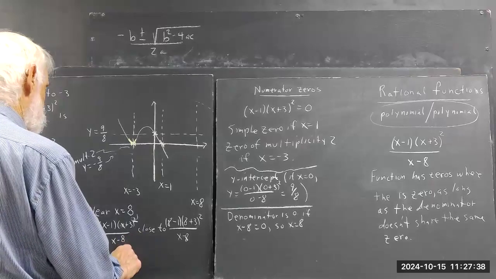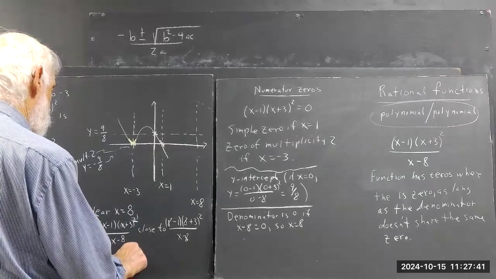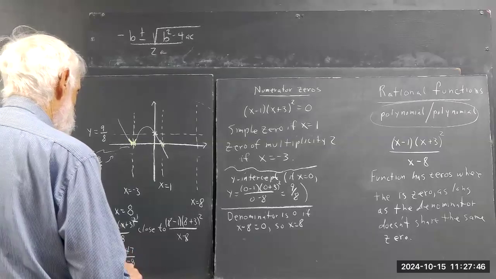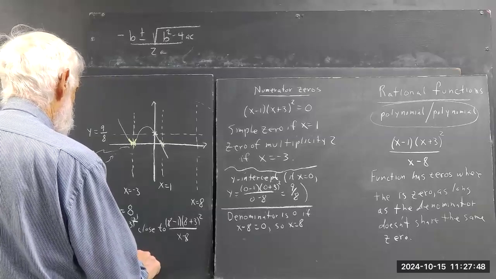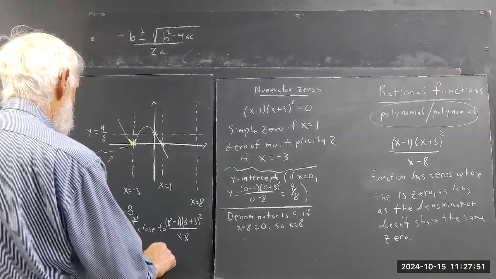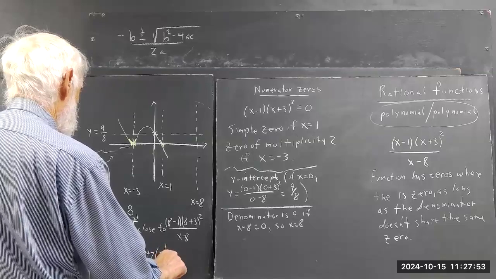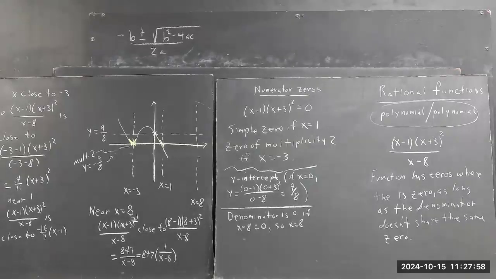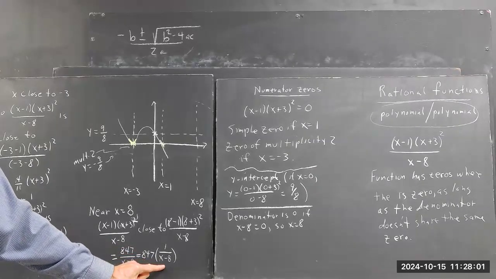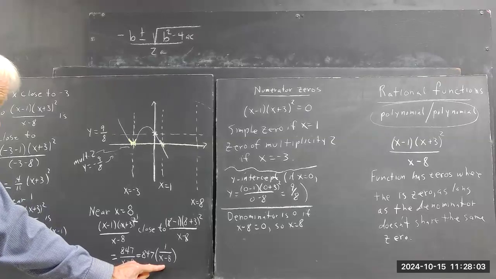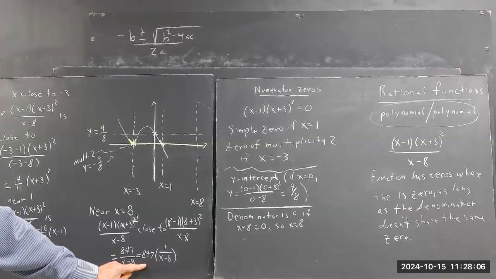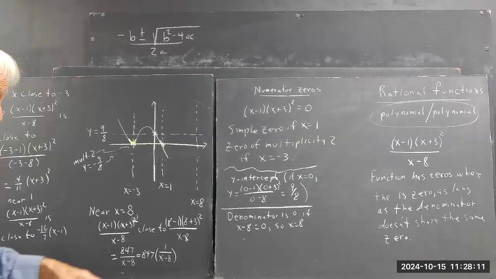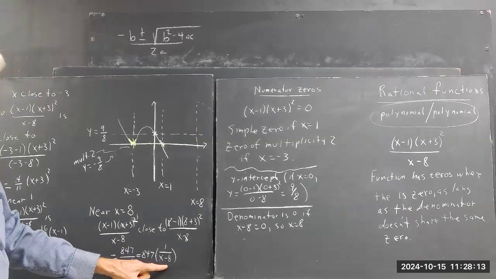And 121 times 7 is 847. So what we have is, first of all, the reciprocal function, the 1 over x function, vertically stretched by a factor of 847. It really stretches it out, okay? And then shifted to the right 8 units.